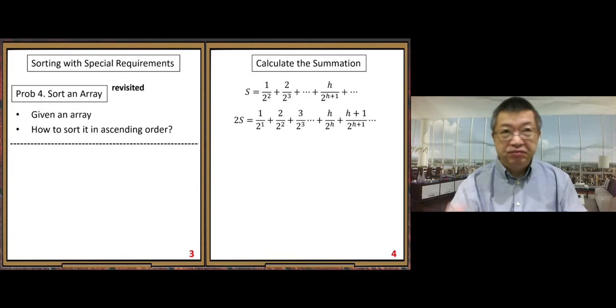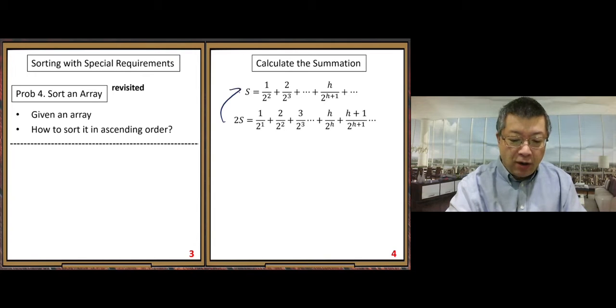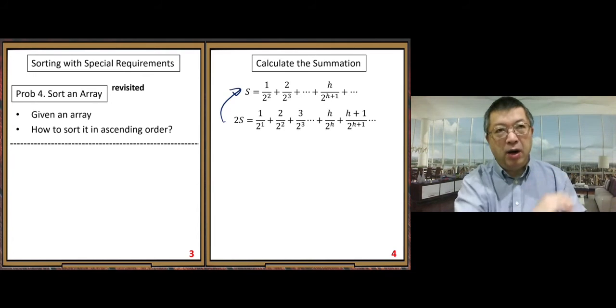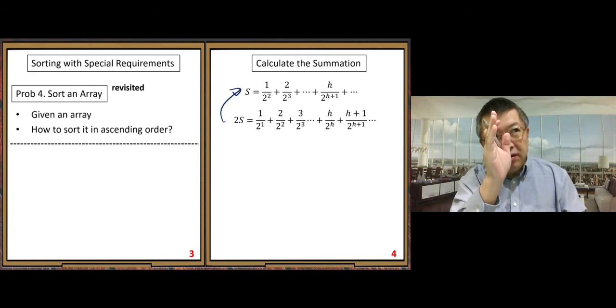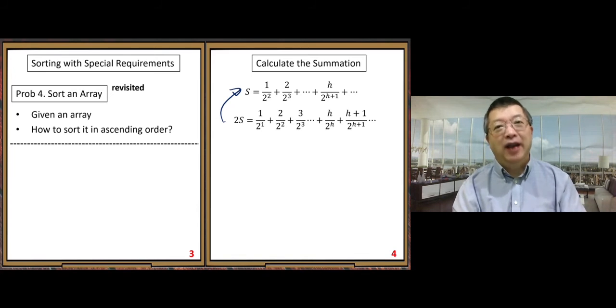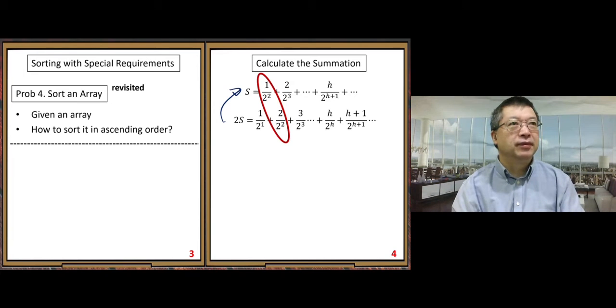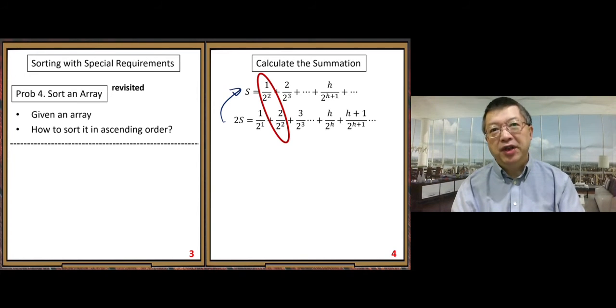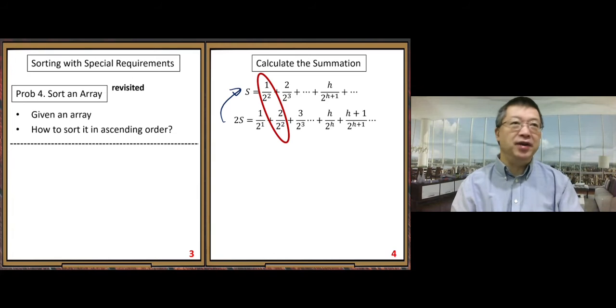Here, you can see when we do subtraction, the lower part subtract the upper part. Look at the like terms, terms with the same denominator. For example, in this big red circle, they have the same denominator.